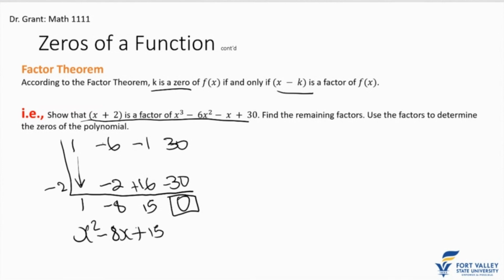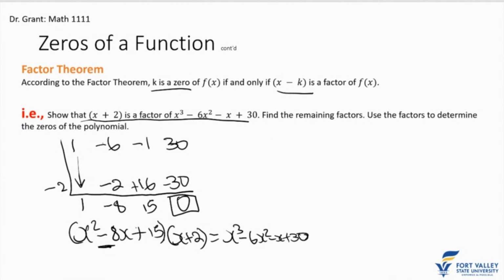Basically what this means is if I multiply my answer by my divisor, I'll get the original polynomial, which was x cubed minus 6x squared minus x plus 30.